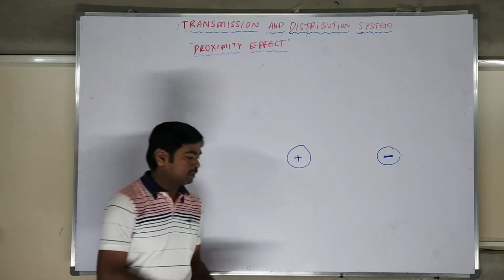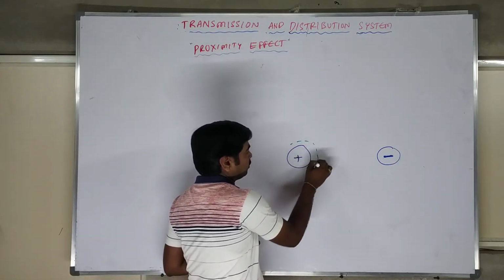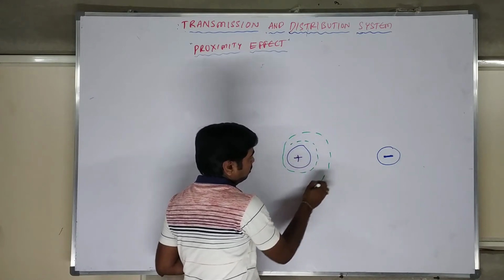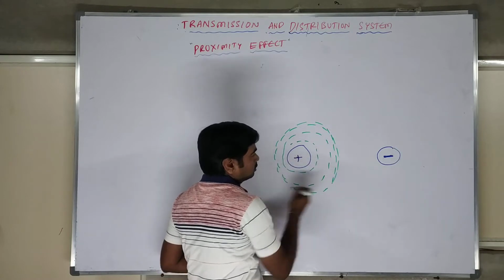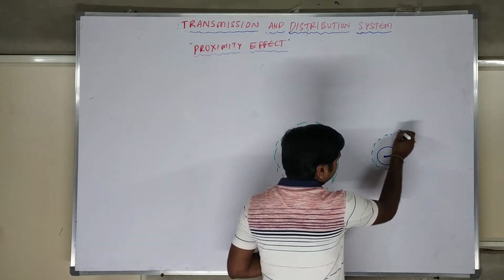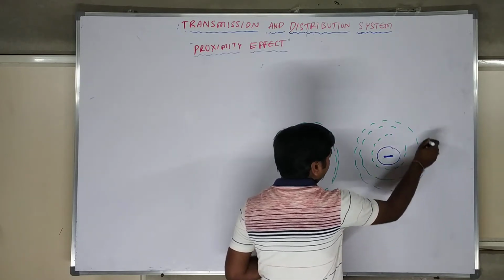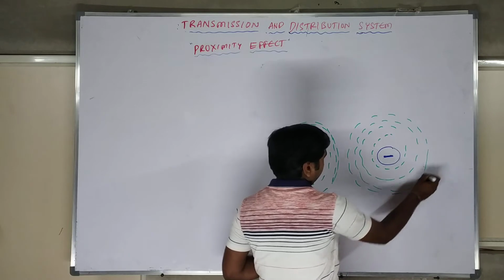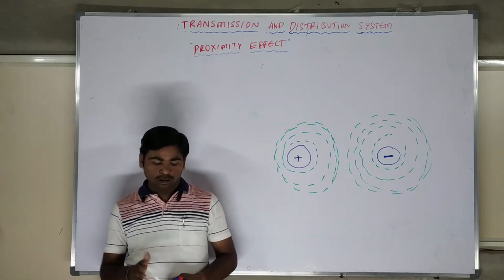So what is going to happen here is that in any conductor carrying current, flux lines are definitely created on the surface of the conductor. Here also, the negative conductor has flux lines. So there are flux lines of the negative and flux lines of the positive.